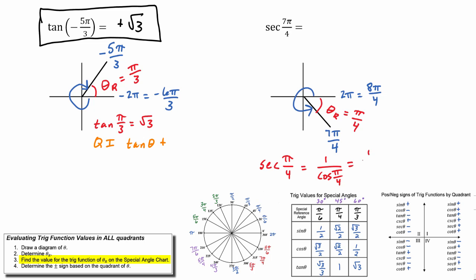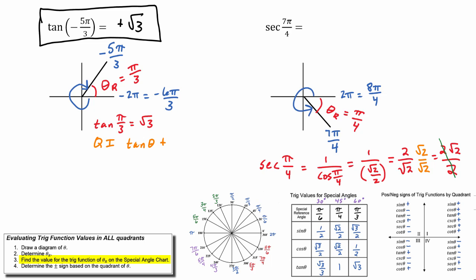Off the special angle chart, we know the cosine of pi over 4 is radical 2 over 2. So this becomes 2 divided by radical 2. And when we rationalize, it becomes 2 radical 2 over 2, and those 2's will cancel.